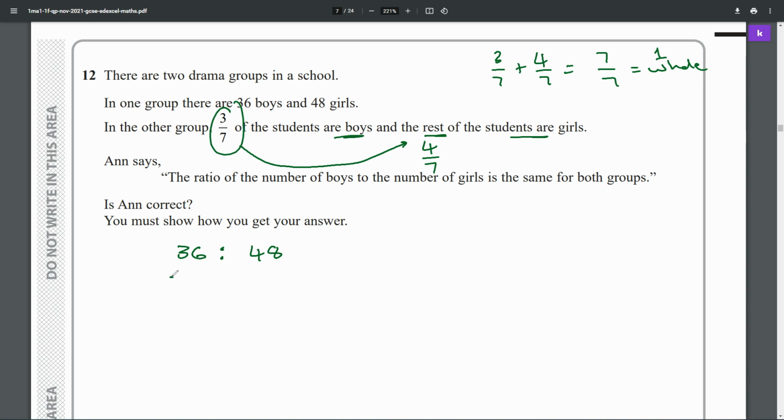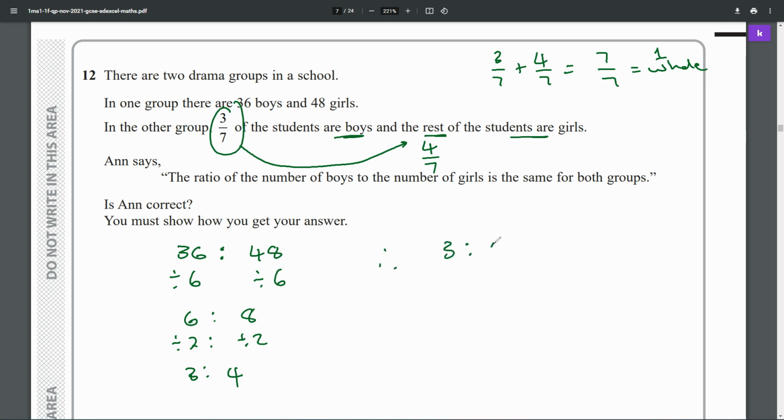The next thing I can do is simplify the ratio by dividing both sides by 6. 6 goes into 48 8 times, and I can divide it again by 2. That comes to 3, that comes to 4.